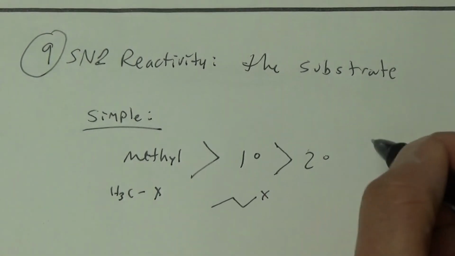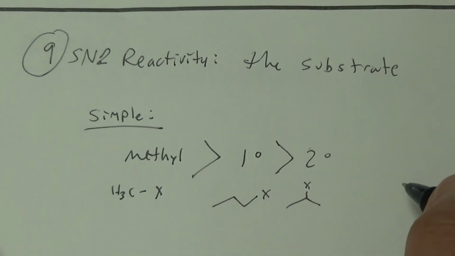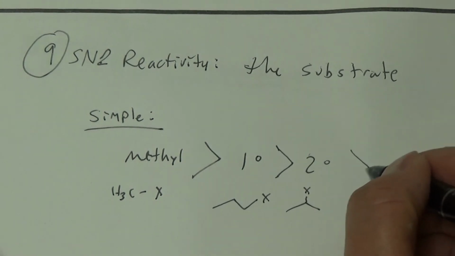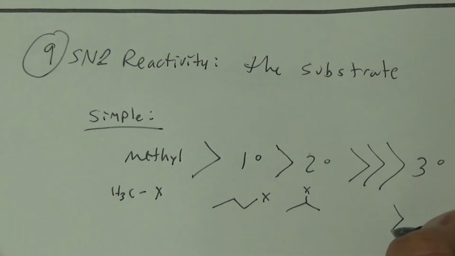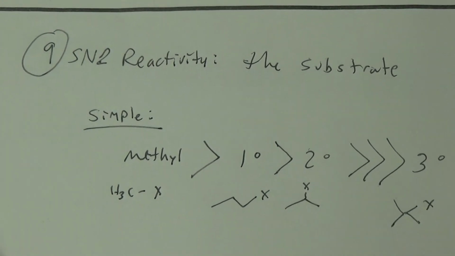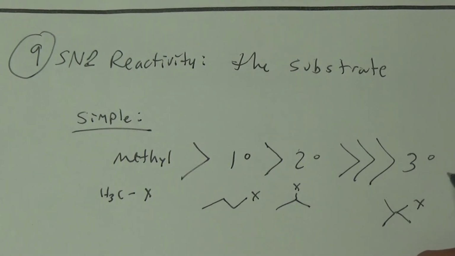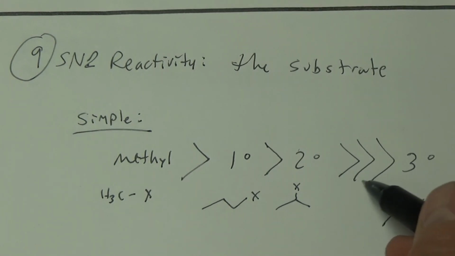Then we have secondary, something like that. And then tertiary is basically impossible. So the rate of tertiary SN2 is basically 0. It just doesn't happen. We can't observe it. So this is a little bit of an understatement.